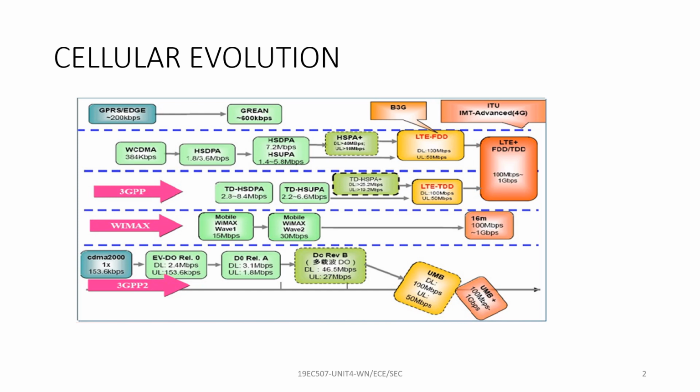We can observe GPRS over EDGE in the range of kbps, then WCDMA followed by HSDPA, then 3GPP followed by WiMAX, and CDMA2000, and slowly the 3GPP standard evolved towards Long-Term Evolution.